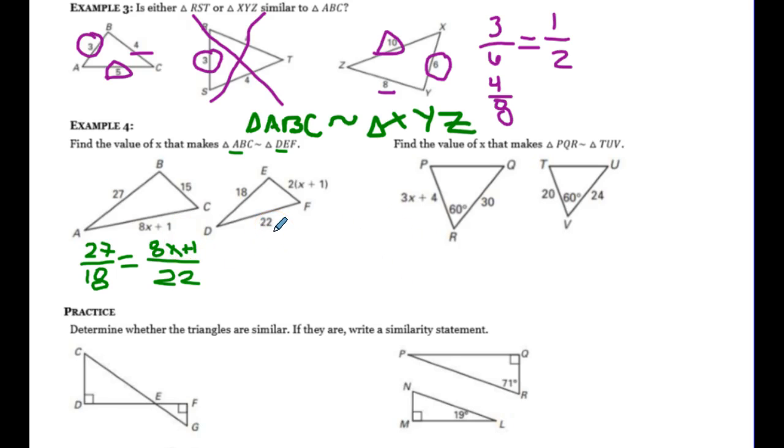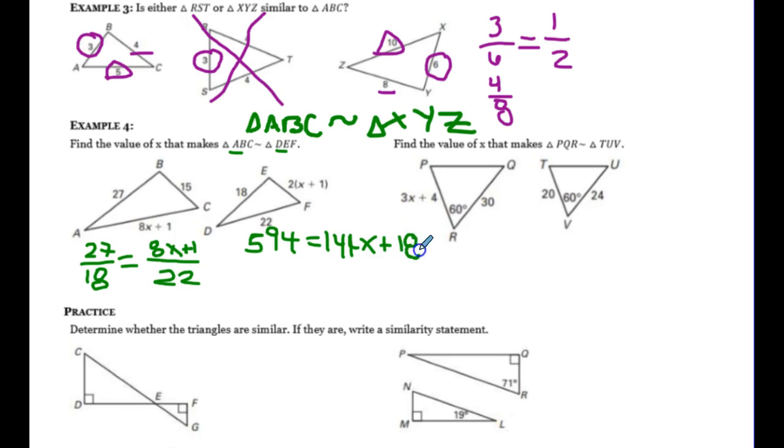And just make sure when you're solving stuff with 8x plus 1, for example, and you need to multiply that by 18, that you distribute it. So when I multiply 27 and 22, I get 594. And then 8 times 18 gives me 144x plus 18.